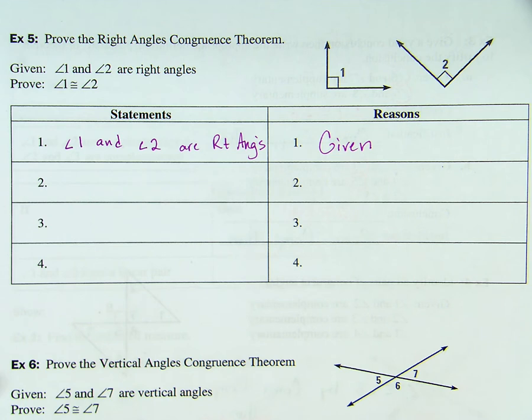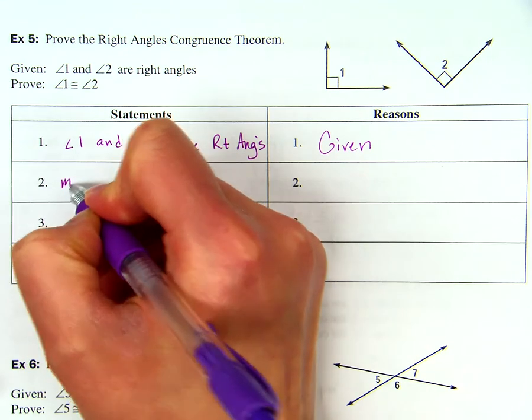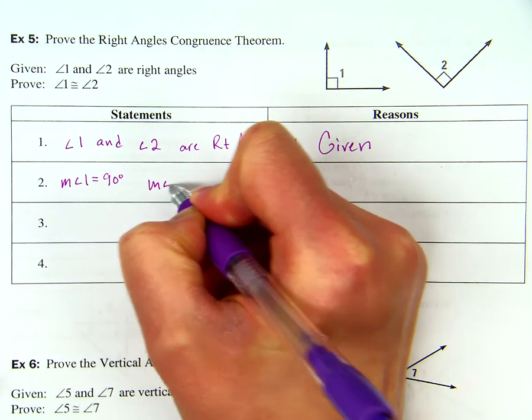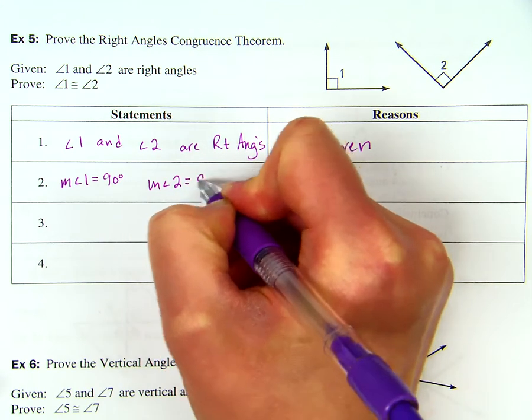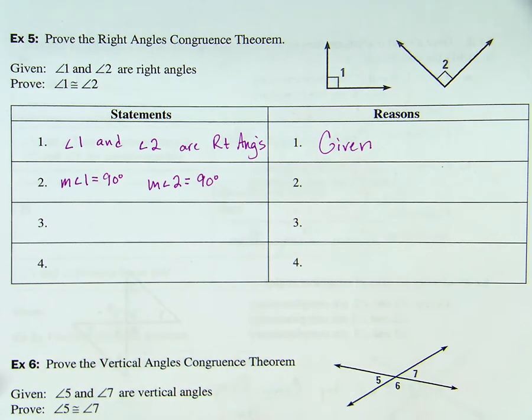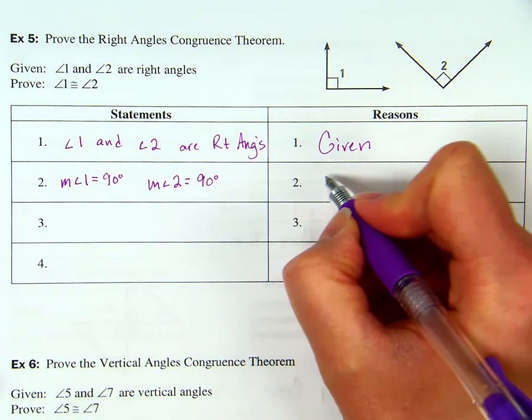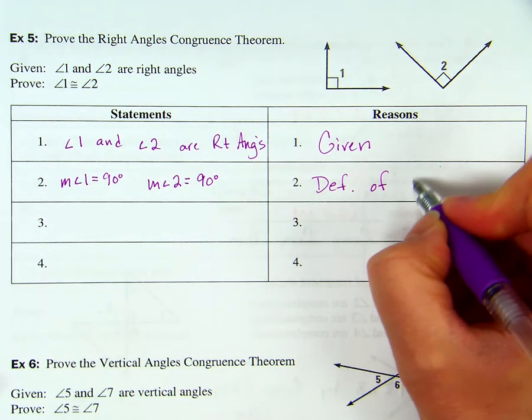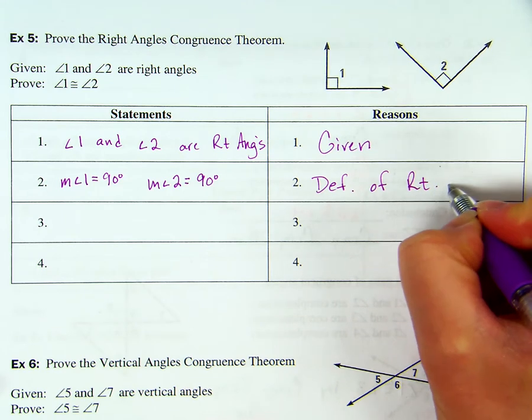Well, I know what a right angle is, and I think you do too. A right angle is an angle that has a 90-degree measurement. So let's say that each angle, angle 1 and 2, has a 90-degree measurement. And we make that conclusion based on our definition of right angles.